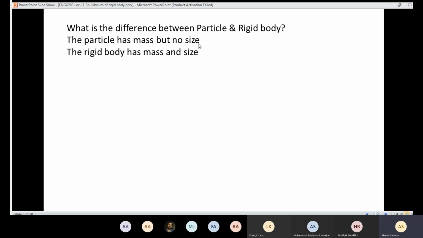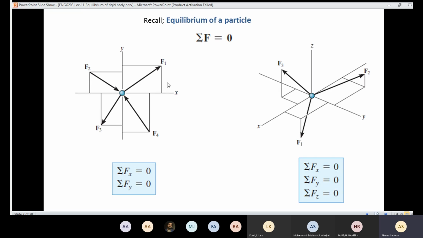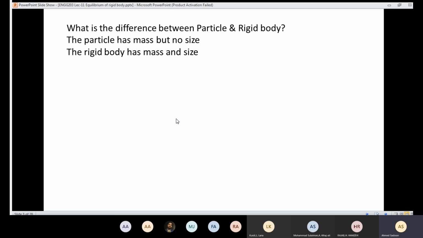So if you remember, when we were dealing with the particle, we used to consider the weight of the particle itself. But we don't deal with the size of that particle. We ignore that part. But when we are dealing with a rigid body, we are going to deal with the mass plus the size of the rigid body.